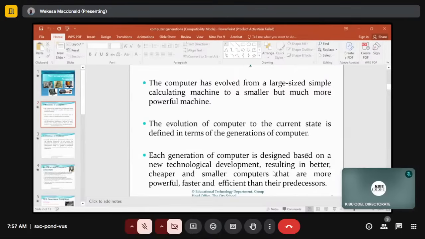Like when you compare Gen Alpha, the way Gen Alpha behaves and how our forefathers behaved is a bit different. They are smart. The same way you have seen that computers have evolved, they are better, faster and efficient, cheaper, smaller, and more powerful than their predecessors.